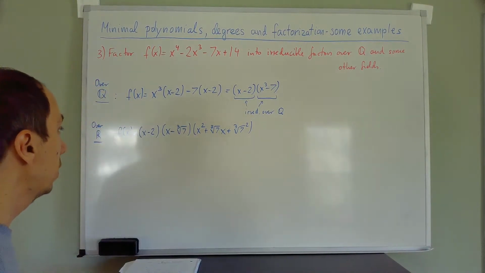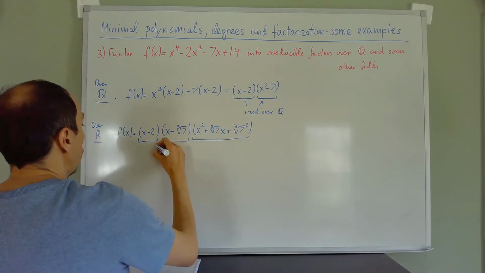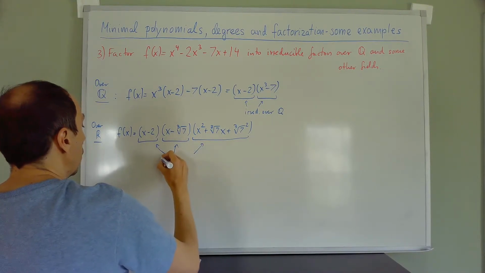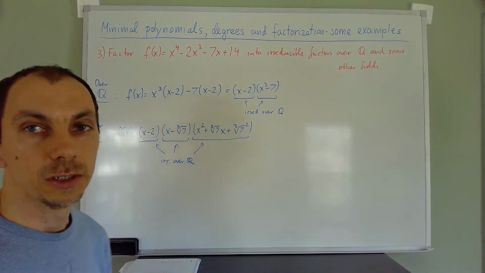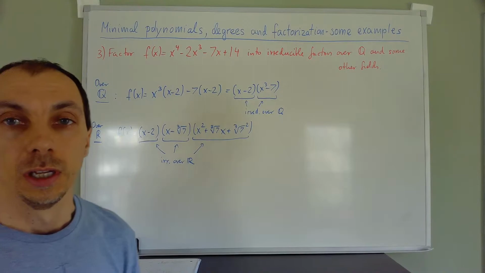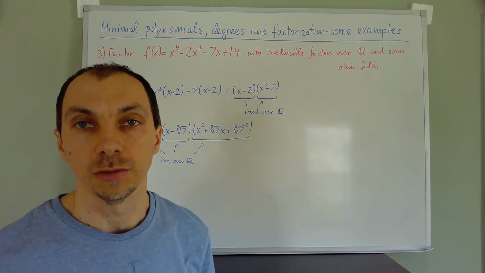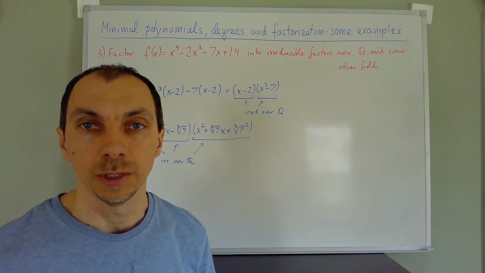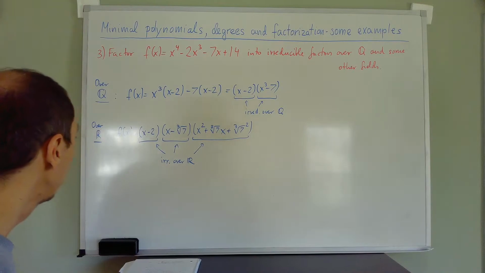So I again claim these factors are irreducible over R this time. The first two because they're degree 1, and the last one, I know its roots. Its roots are the remaining two non-real roots of x cubed minus 7, so they're non-real. Because the polynomial is quadratic and it does not have any real roots, it is irreducible.